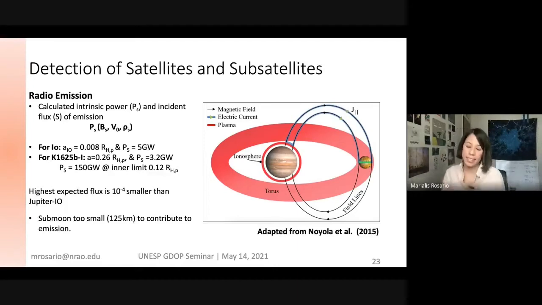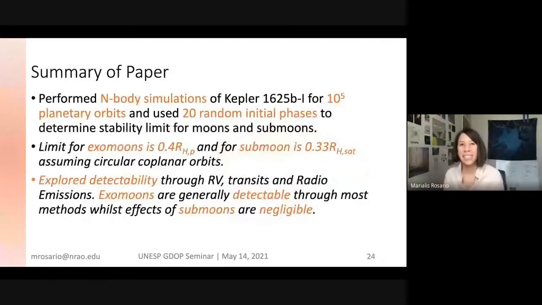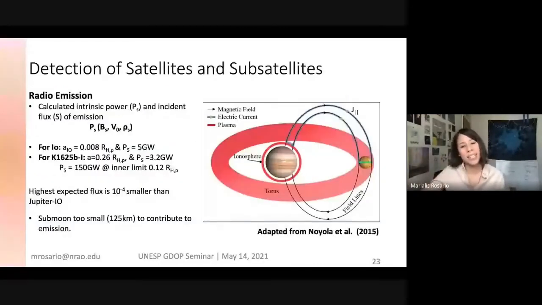However, the highest expected flux, given the distance that this system is at, is way smaller than that of Jupiter. And that is the biggest challenge with this detection method: the intensity of the signal decays as the distance squared. And so the further away it is, the harder it is to determine it.